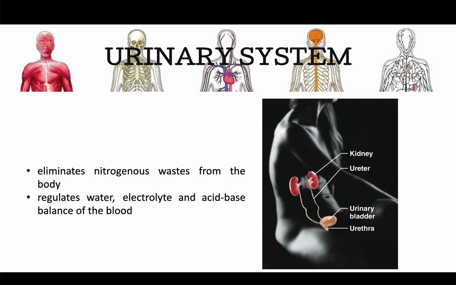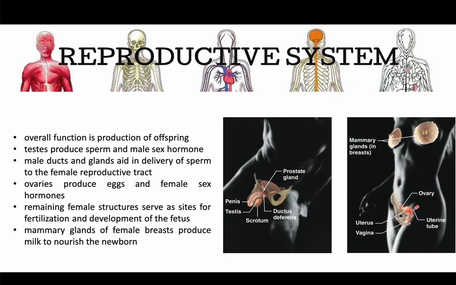Your urinary system eliminates nitrogenous waste from the body, and it regulates water, electrolyte, and acid-base balance of the blood. So it mostly involves your urinary bladder, your urethra, your ureter, and your kidney, because a lot of things about your water, electrolytes, and acid-base balance happen in your kidneys.